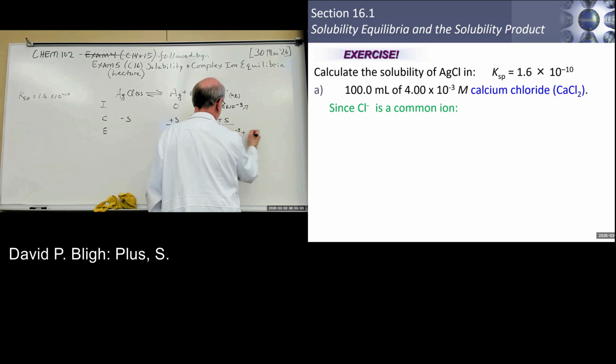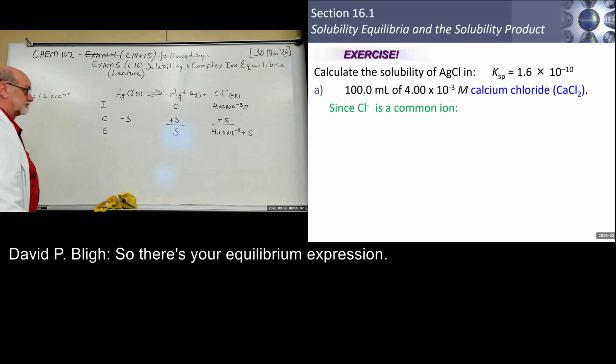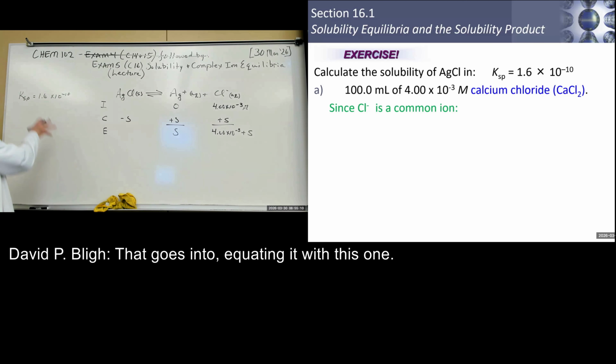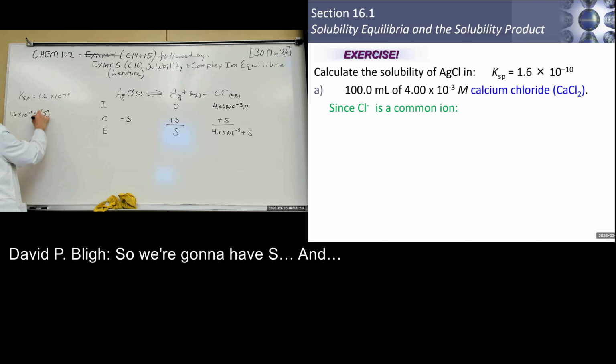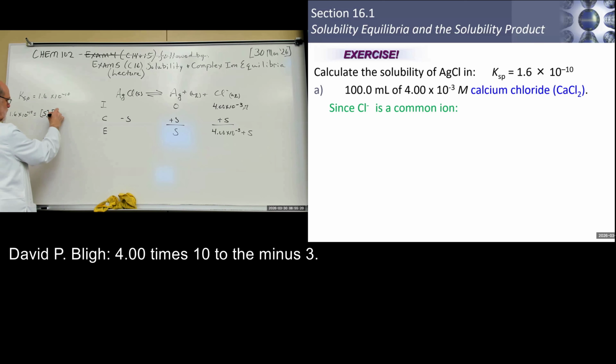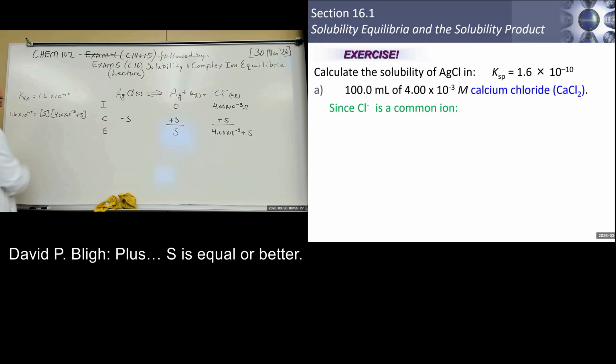Times 3 plus S. So there's your equilibrium expression. That goes into equating it with this one. So we're going to have S and 4.00 times 10 to the minus 3 plus S is equal to that.